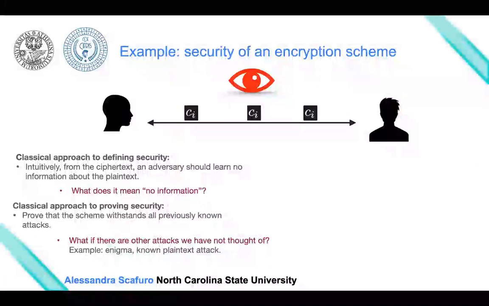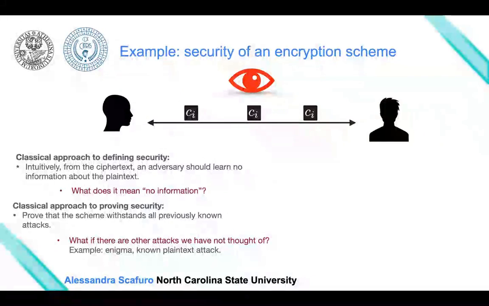What does it formally mean to learn no information? And typically in classical cryptography, we will just say, well, this scheme is secure because it withstands all possible attacks that we know of. But then the question is, what about attacks that you don't know of, right?